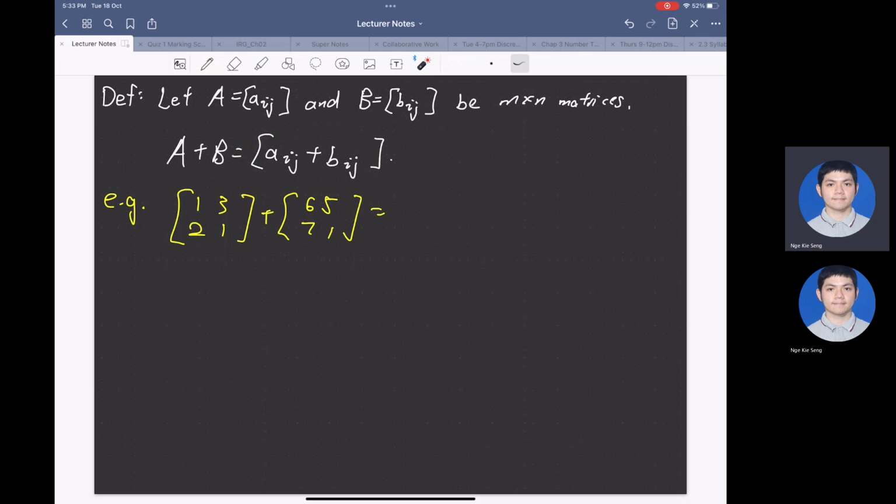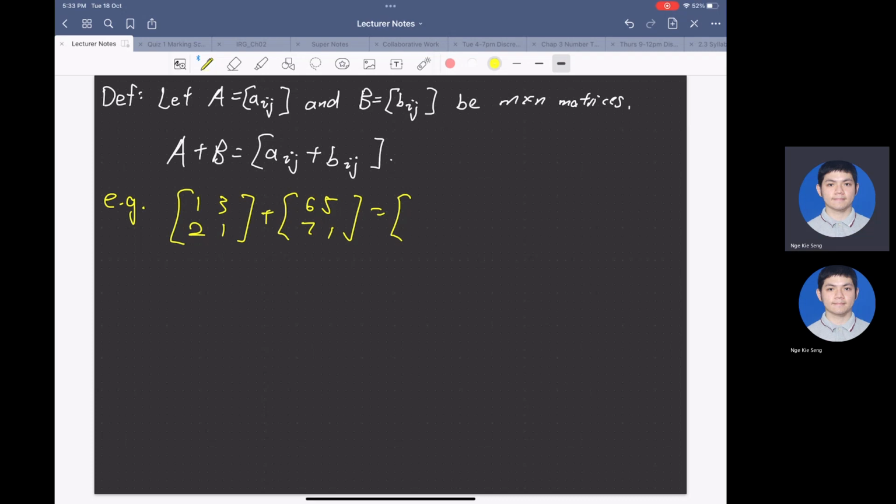The definition is that when their ij is the same, you can add them. So 11 can only add with 11, 12 can only add with 12, 21 with 21, and 22 with 22. So what's the matrix here?